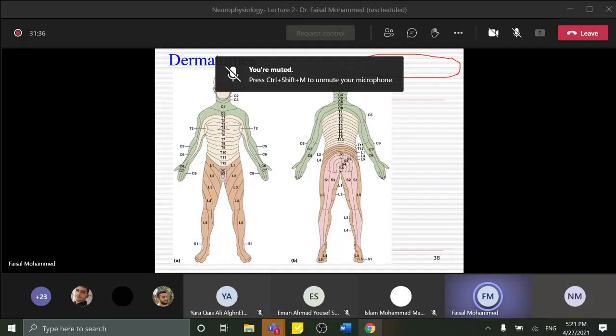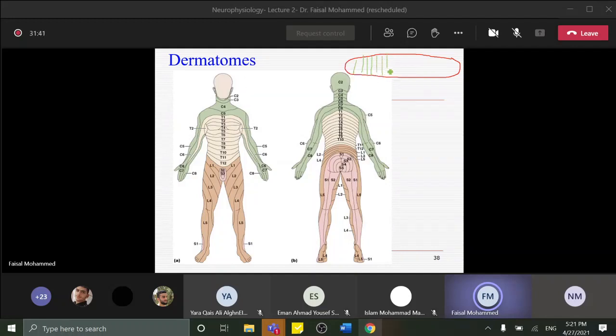This tube is divided into segments. And these segments, when we come to the spinal cord, we will discuss them. In the spinal cord there are 8 cervical, 12 thoracic, 5 lumbar, 5 sacral, and 1 coccygeal.